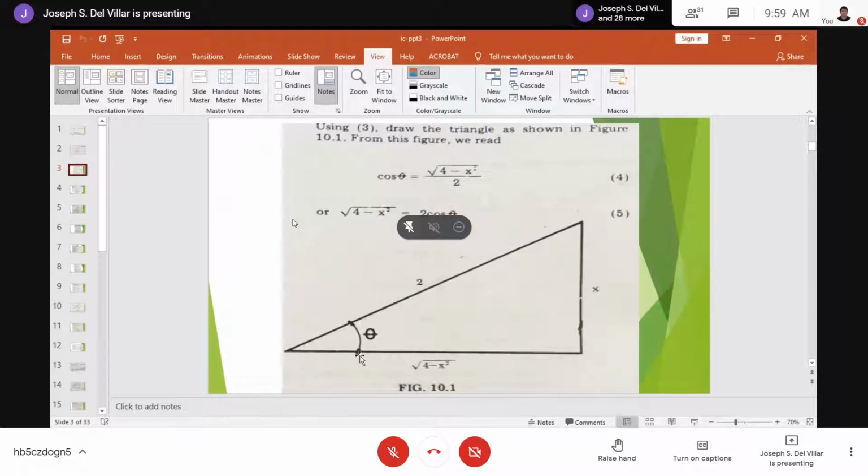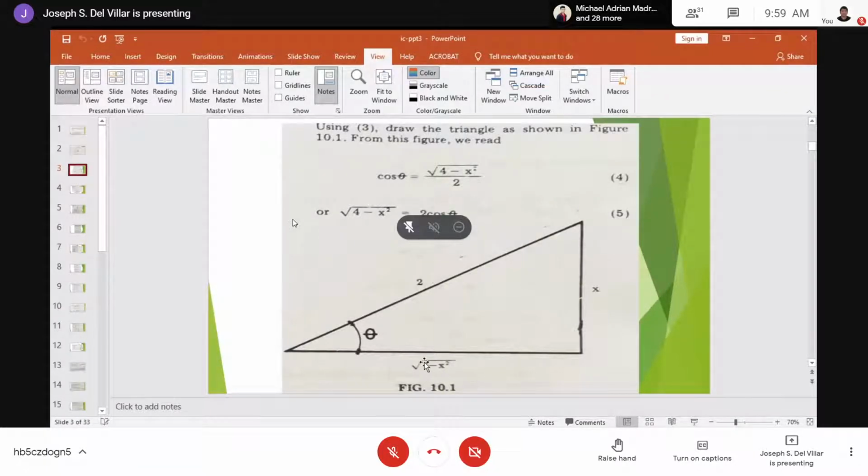So if you draw a right triangle, then this is the acute angle. Opposite of the angle is x, and then the hypotenuse is 2. So therefore, using the Pythagorean Theorem, you can now represent the other side of the right triangle, the other leg.